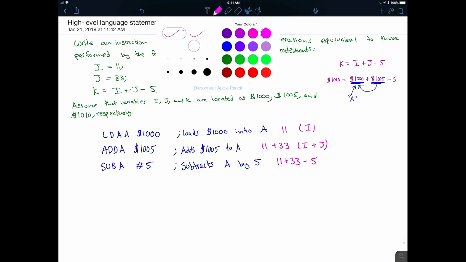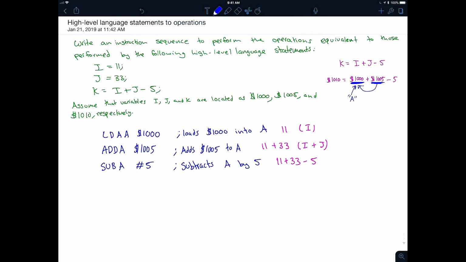Now we have to store this answer somewhere, and that somewhere is specified in this question. It has to be stored in this location, 1010. So we're going to do STA, because we're going to store A, and then we want the location of k, so it's going to be stored in 1010.